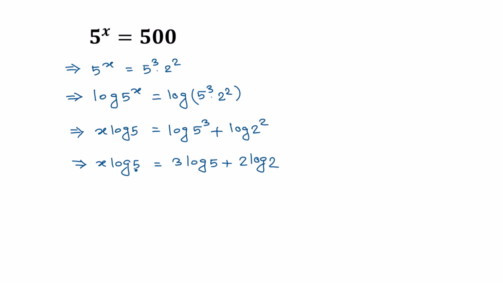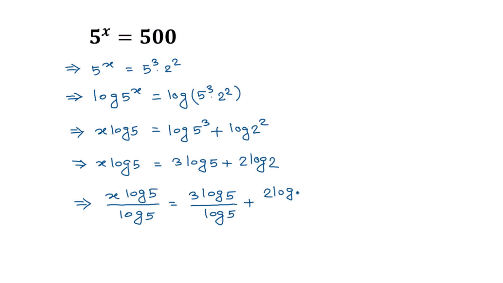Now dividing both sides by log of 5, we can write left side x log of 5 divided by log of 5 is equal to 3 log of 5 divided by log of 5 plus 2 times log of 2 divided by log of 5.